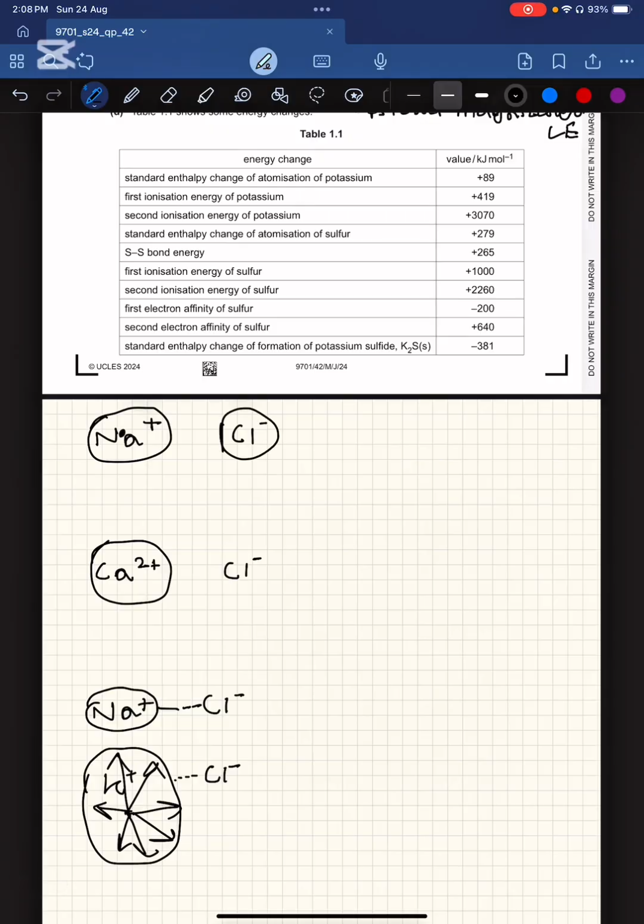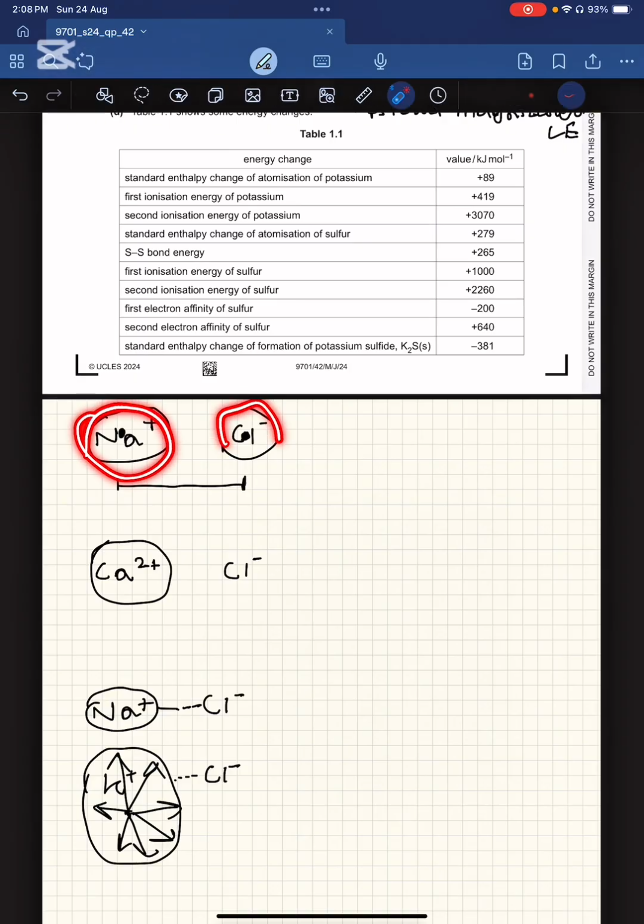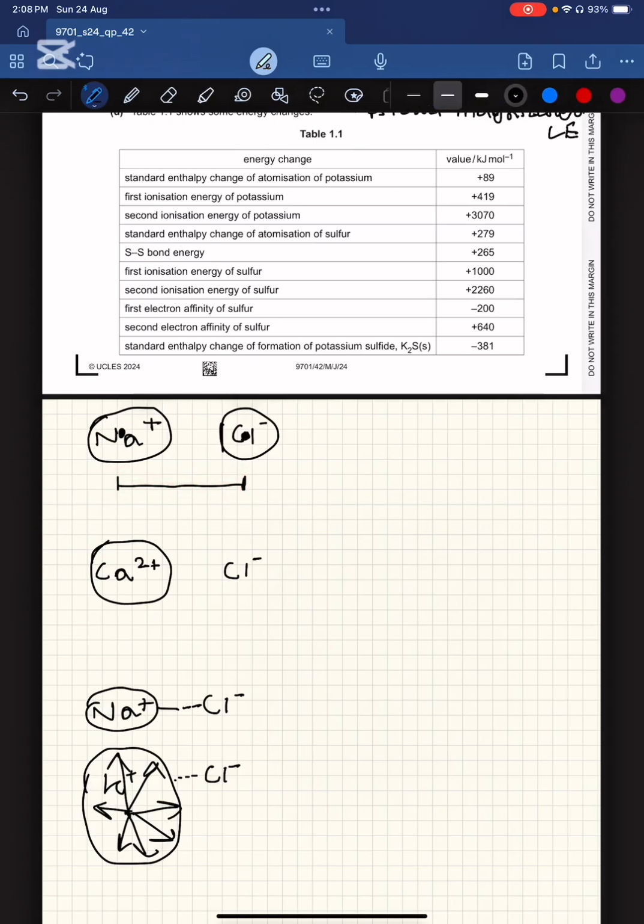This is the nucleus of a sodium ion. This is the nucleus of a chloride ion. The distance from one nucleus to the next in one formula unit. What is a formula unit? A formula unit means one cation and one anion. So the distance from one nucleus to the other in a formula unit is called ionic radius.